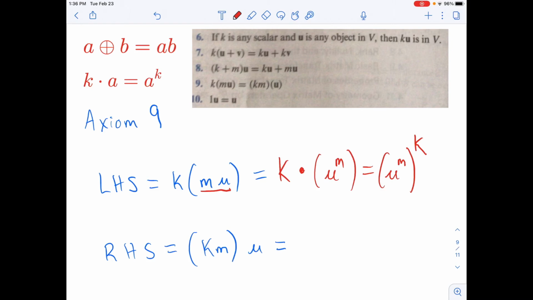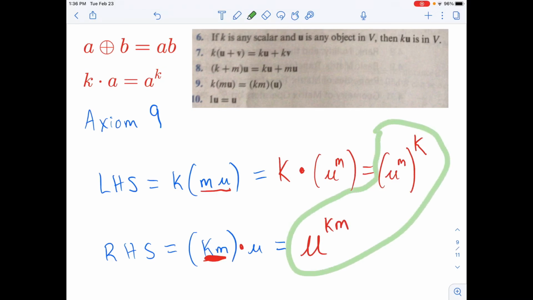The right-hand side requires that we real number multiply the k and the m first, then scalar multiply by u, which means we have this. And we want to know if these two expressions are equal. And of course they are. And this is an important property of exponentiation. So now we have that the axioms are satisfied.